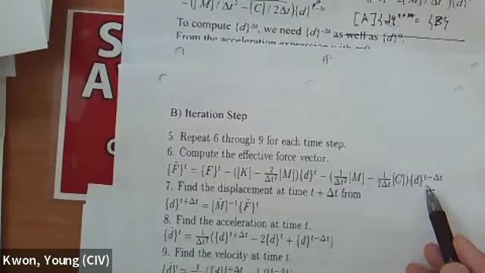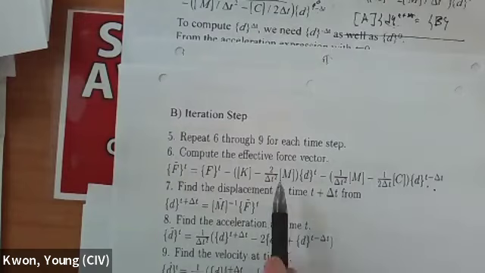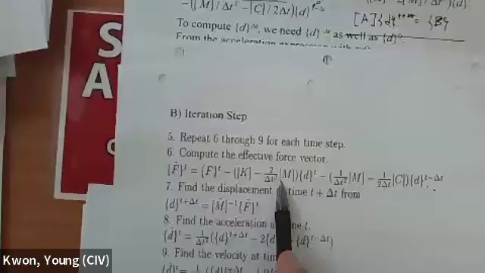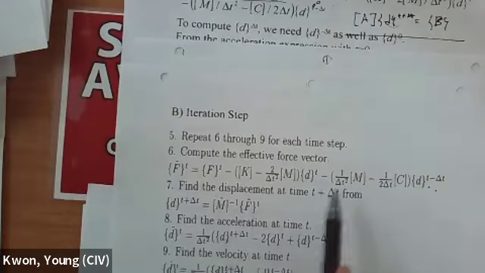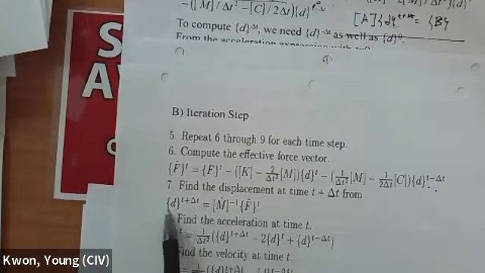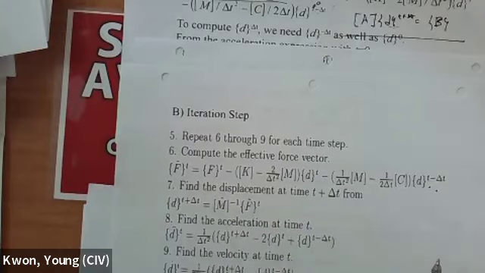Only the first time I need a fictitious solution. This one requires the solutions at two previous times, 0 and negative delta t. After that, with 0 and delta t, you can calculate 2 delta t, and the same thing for 3 delta t, like that. Then just by inverting this matrix, you can calculate the new solution.